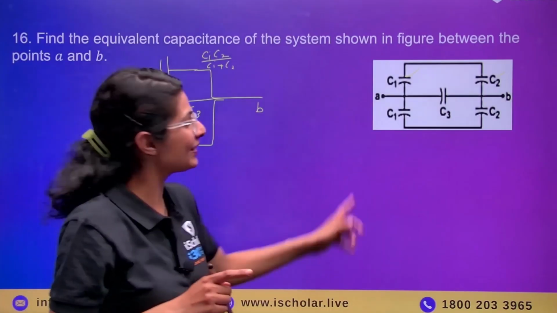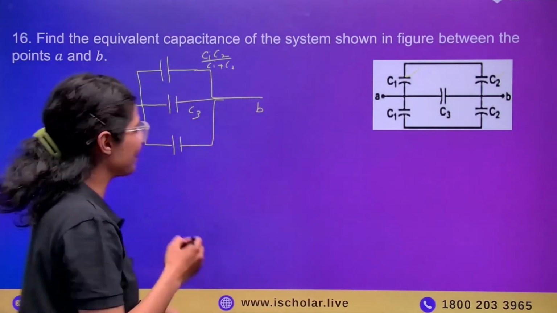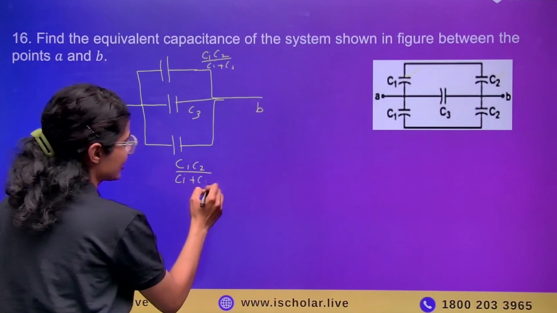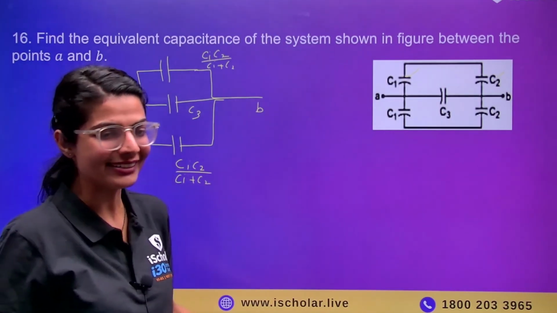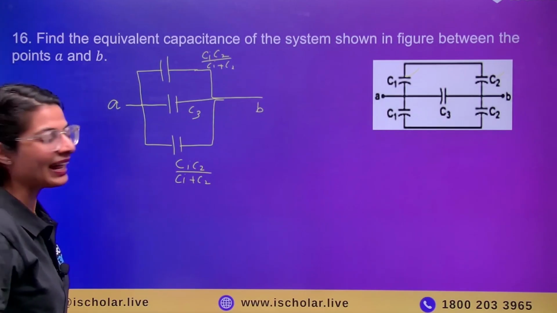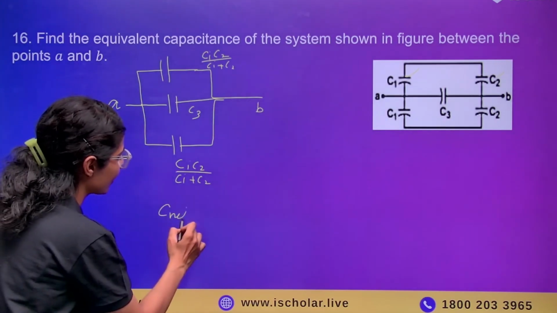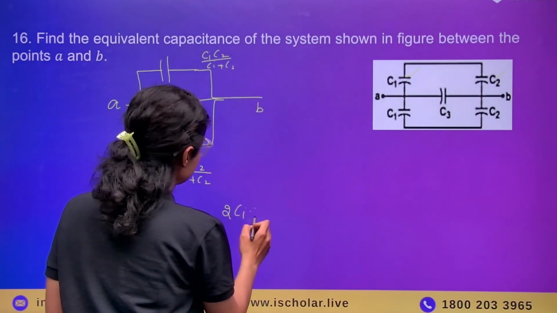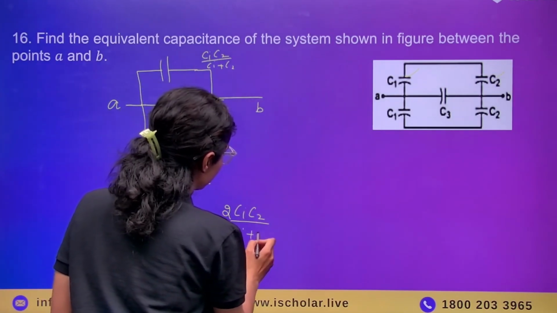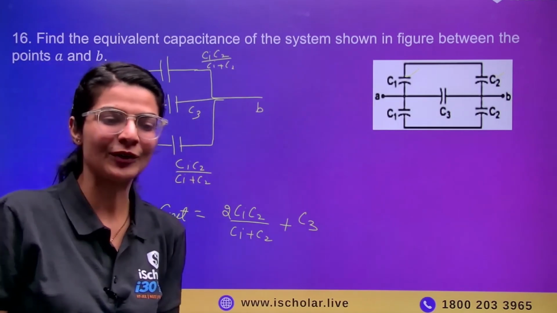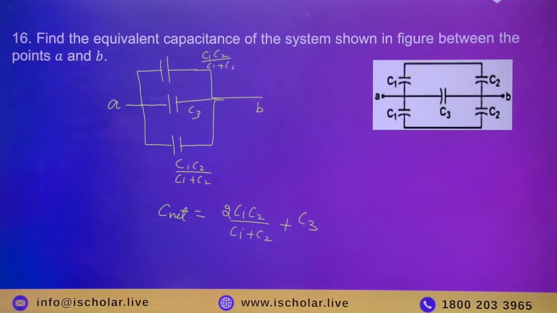Again, C1 and C2 are in series over here, so we'll write C1 C2 divided by C1 plus C2. Now we can easily say that these all are in parallel. If they are in parallel, the total capacitance would be just the addition of all this. So it would be 2 C1 C2 divided by C1 plus C2, plus C3. So this is the total capacitance we got over here.